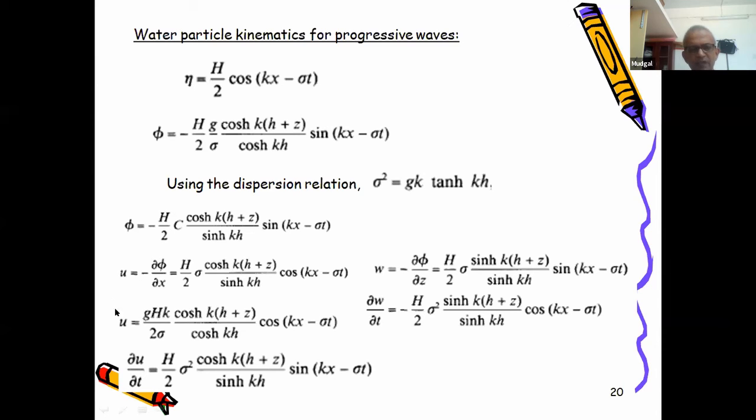If you differentiate with respect to t, you will get the acceleration in the x direction, and similarly the acceleration in the z direction. These accelerations are important because they may affect the pressure distributions.